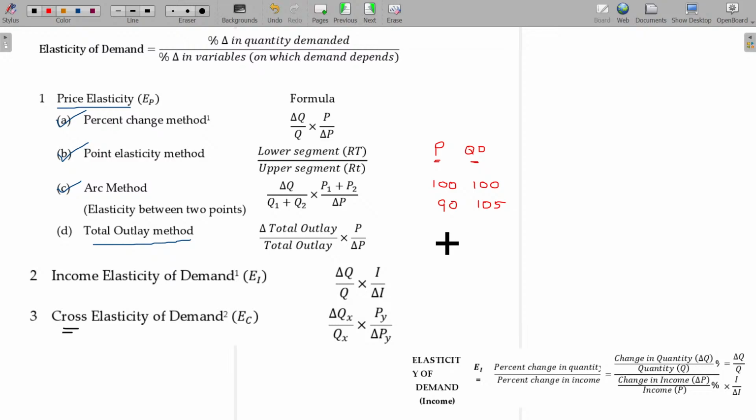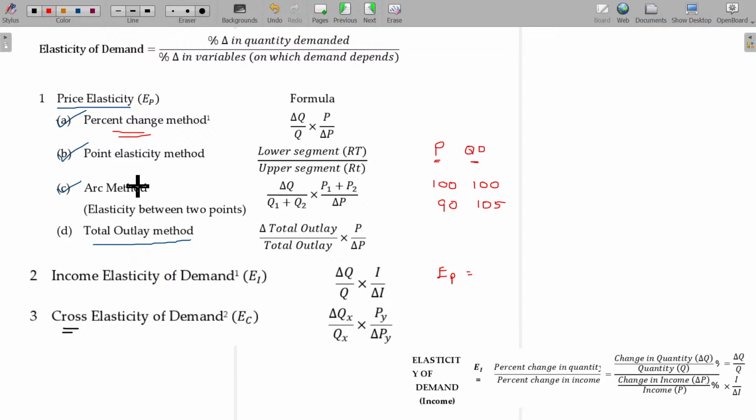What is the elasticity of demand here? Elasticity of demand with respect to the price. In general, we have to consider only the percentage change method. The other methods are rarely used. Unless specifically stated, you don't touch that.